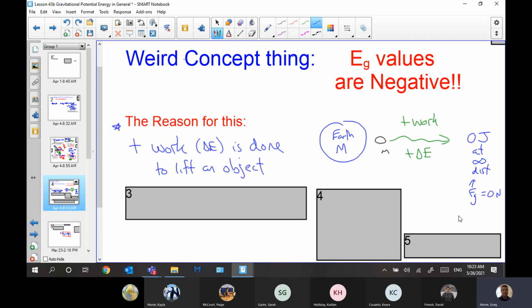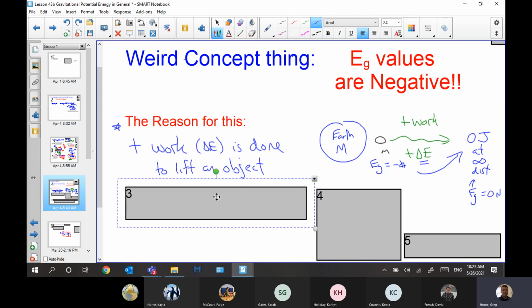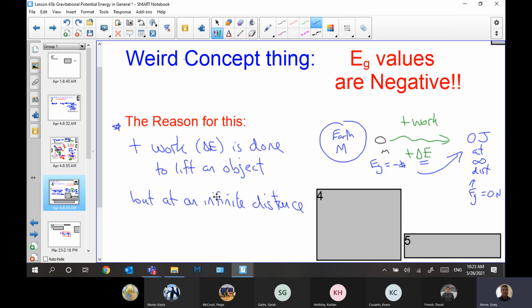It's going to be zero force. So basically, if we're adding energy to get to zero, then we must have had some negative EG value, some negative number plus something that eventually gets you to zero. If it was negative 1,000, you add 1,000, you get to zero. That shows that we have negative 1,000 energy at the original location.